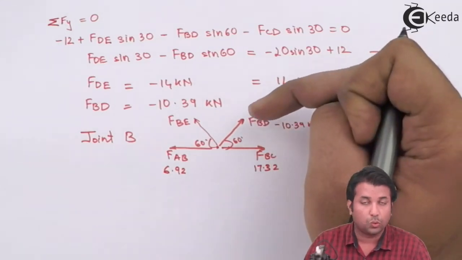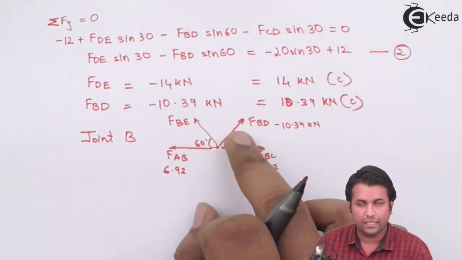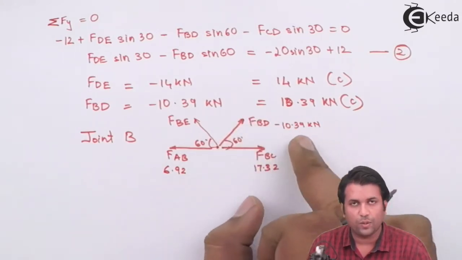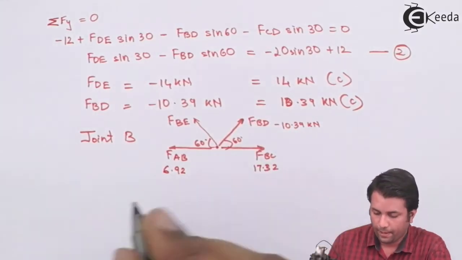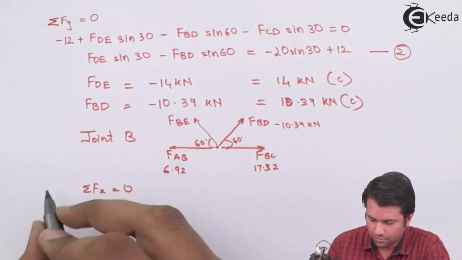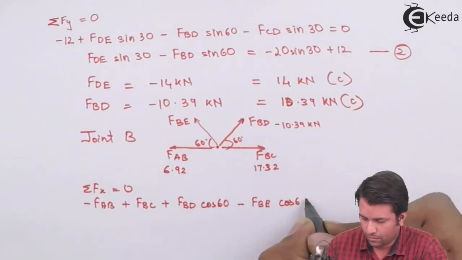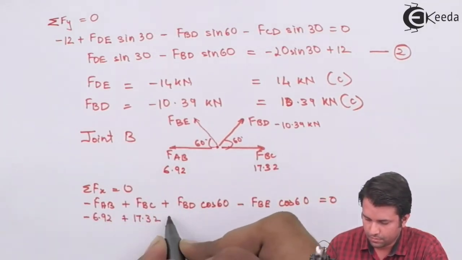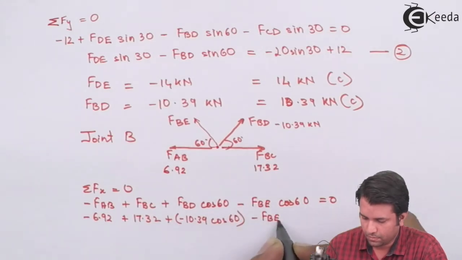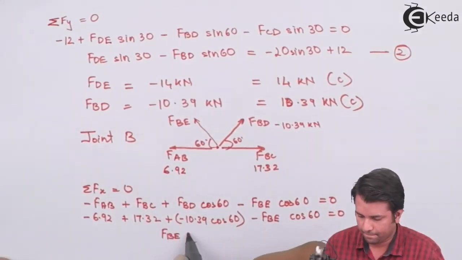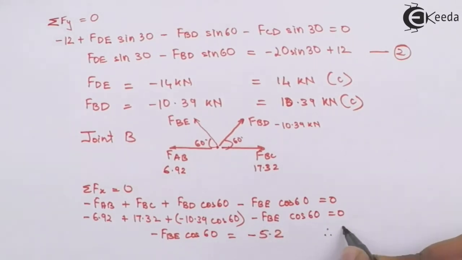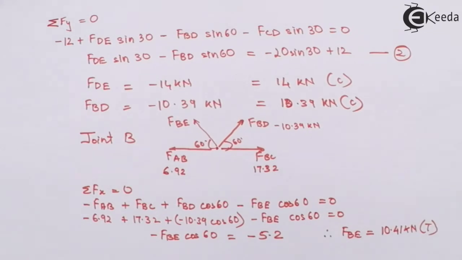It is acting towards the joint. So since I'm assuming it is acting outwards, I'm taking the value as a negative value. I've got the value for the member BE as 10.41 kilonewtons, and that is a tensile force.